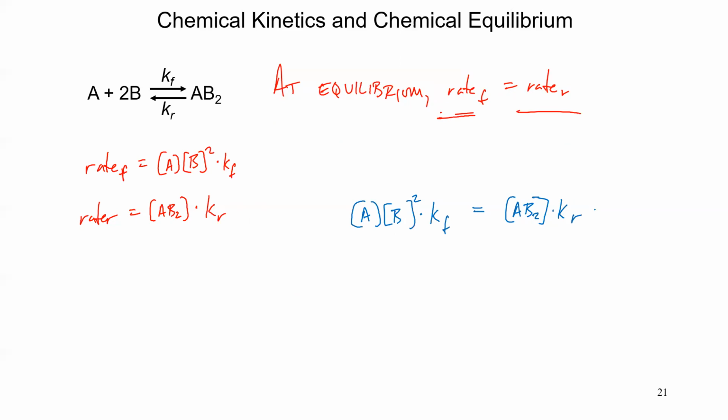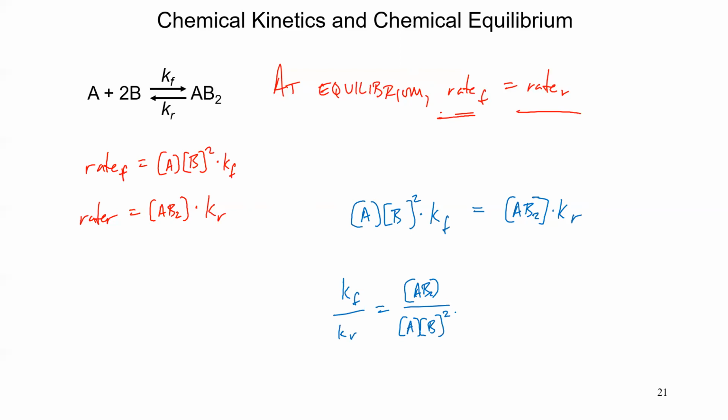If those two rates are equal to one another, then I can write that expression. If I rearrange things and I get all my K's on one side, K forward over K reverse is equal to the concentration of AB2 over the concentration of A times the concentration of B squared.